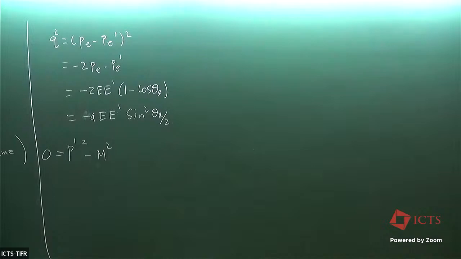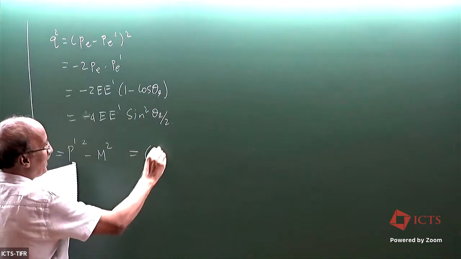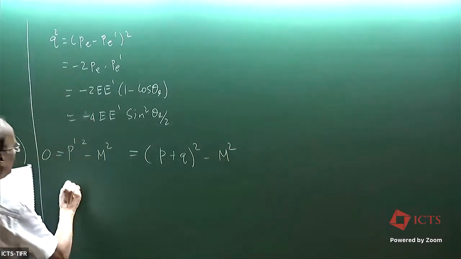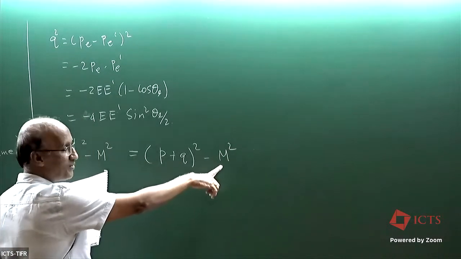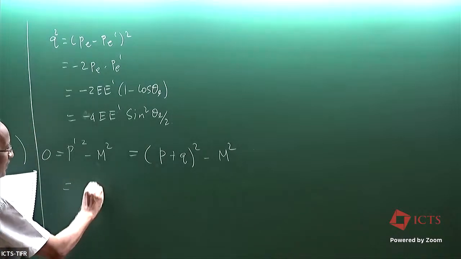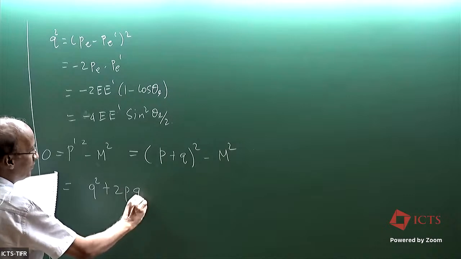So what is p'? p' is equal to p + q, so (p + q)^2 − m^2 = 0. It's easy to work out. p^2 equals m^2 because all these particles are on shell, so it will cancel. So it is q^2 + 2p·q = 0.